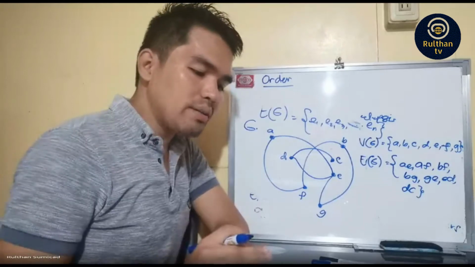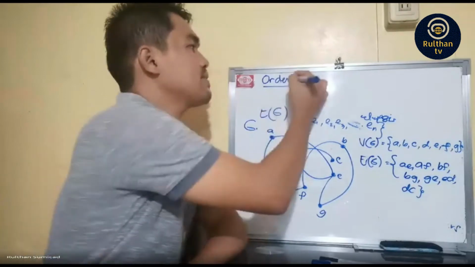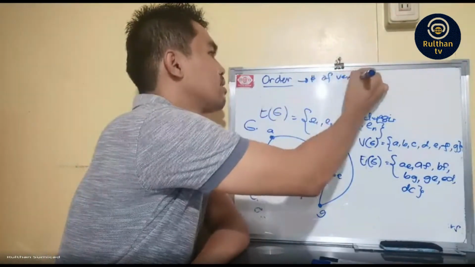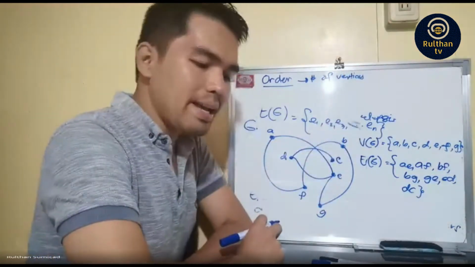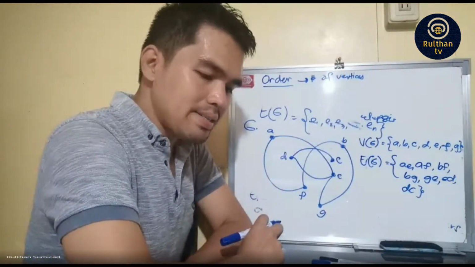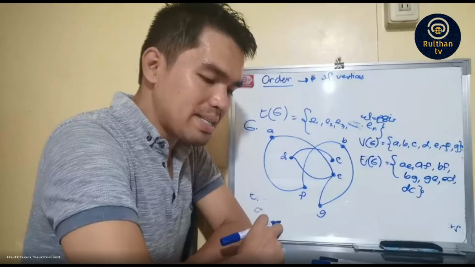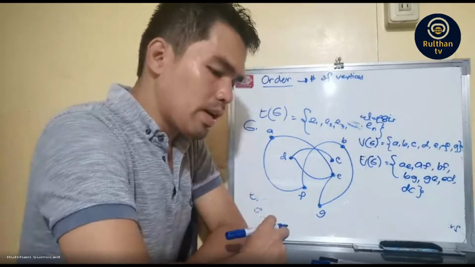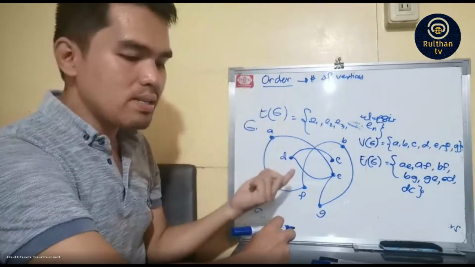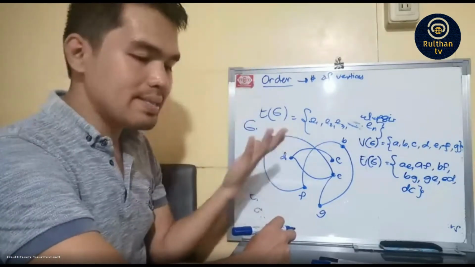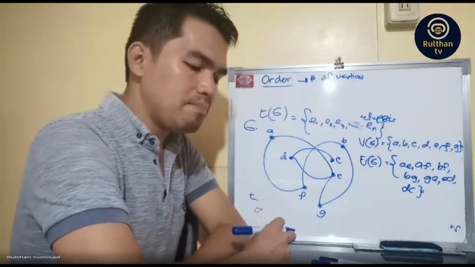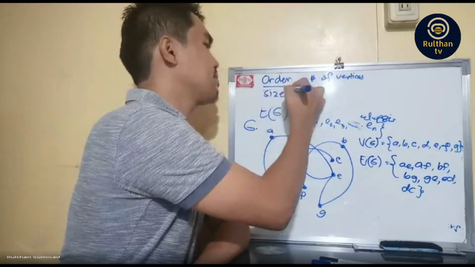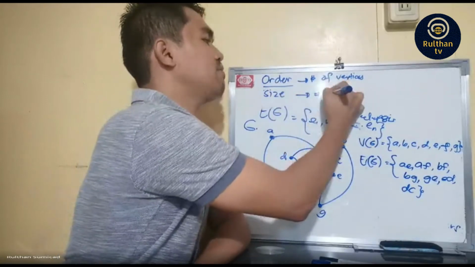The order of the graph is the number of vertices, and the size is determined by counting the number of edges in a graph. So order is the number of vertices, while size is the number of edges.